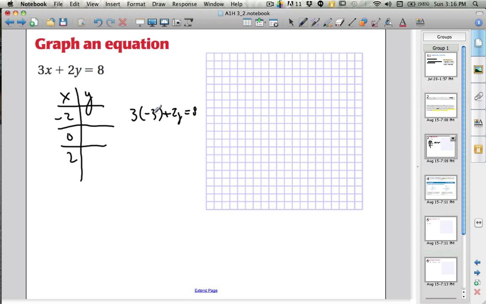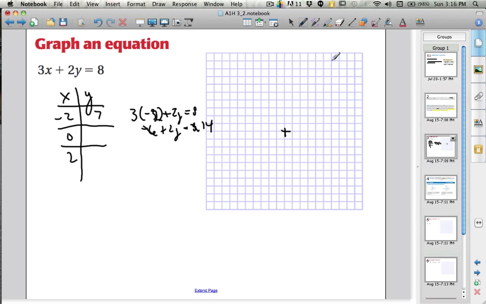I'm sorry, that's -2, my mistake. 3 times -2 is -6. So I'll have -6 plus 2y is equal to 8. I'll add 6 to either side, so this will become 14. And divide by 2, y would be 7.